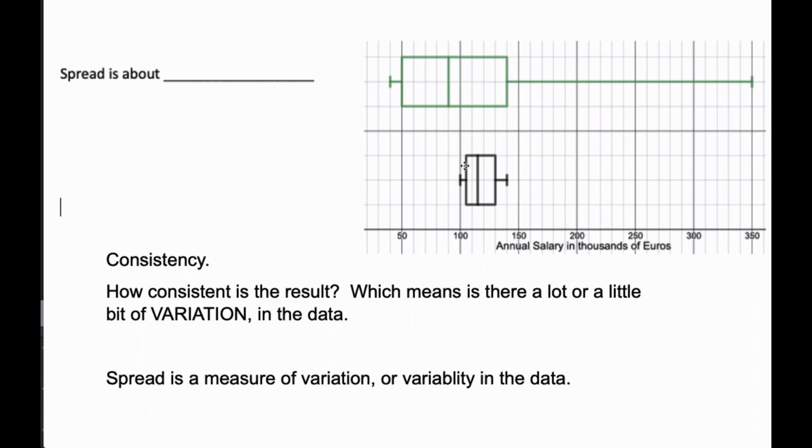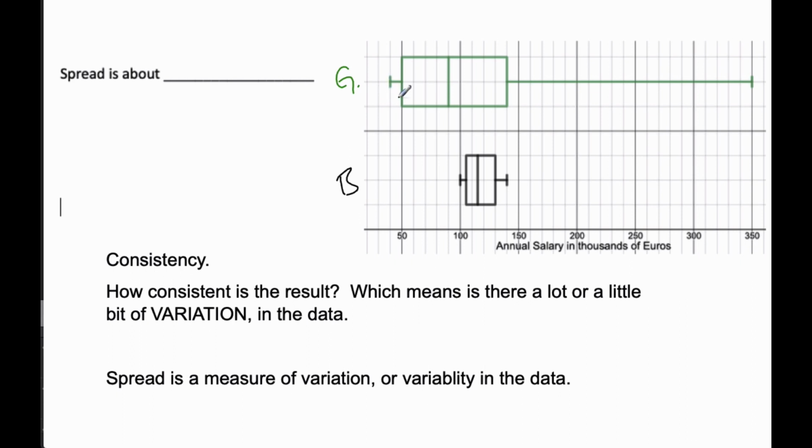So here's a quick idea. If this is the annual salary in euros, and we'll call this the green company, and this is the black company, which company would you like to work for? And there's no right or wrong answer, it's just different.